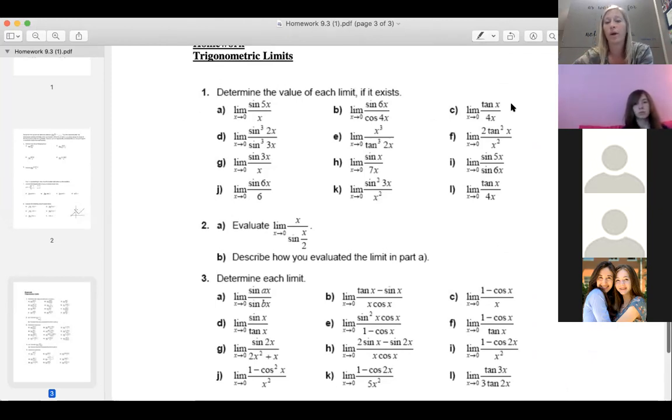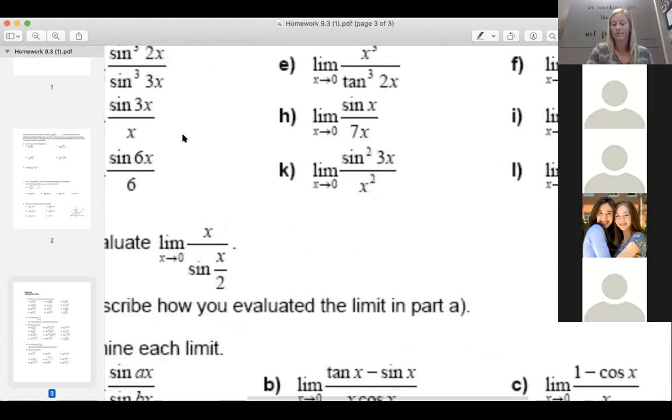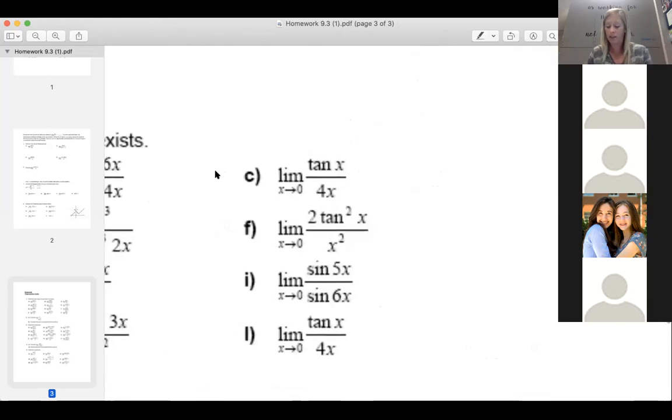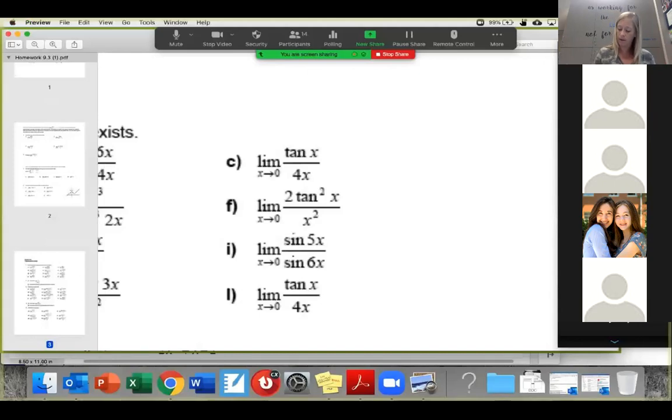If you were looking at 1C, what would you do first? Make the tangent a sine over a cosine. So it's a small amount of manipulation. I would immediately switch that out to sine x over cosine x.